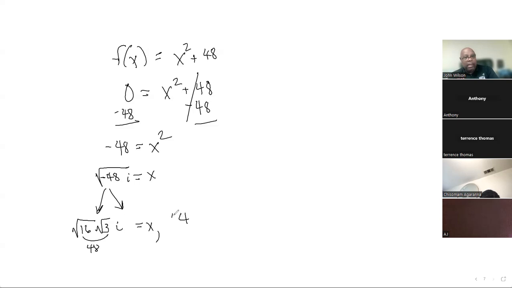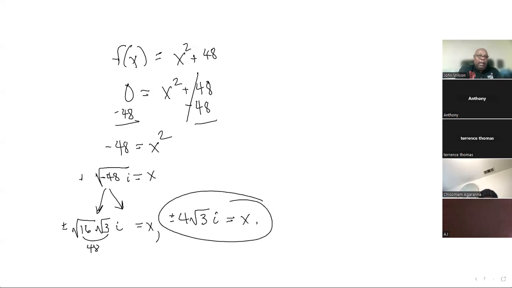Or 4, I should have said plus or minus here, right? Just your final answer, make sure you get it. Plus or minus 4 radical 3i equals x.